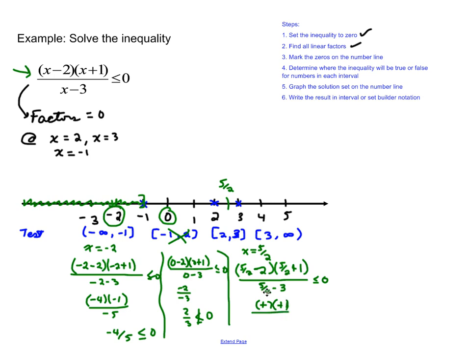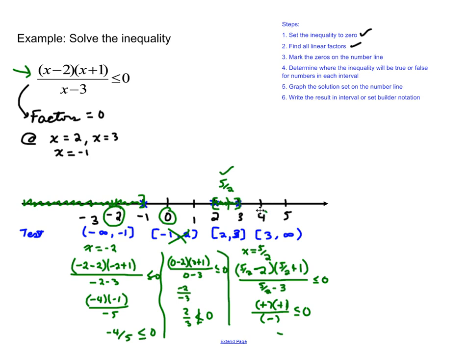Then we look at the denominator, 5/2 minus 3. 5/2 is not larger than 3, right? It's less than 3, so that's going to give us a negative factor in the denominator. If we take a positive times a positive and divide it by a negative, the result is a negative. Whatever that negative number is, that's true. And so this is in our solution set, so we would include everything from 2 to 3.